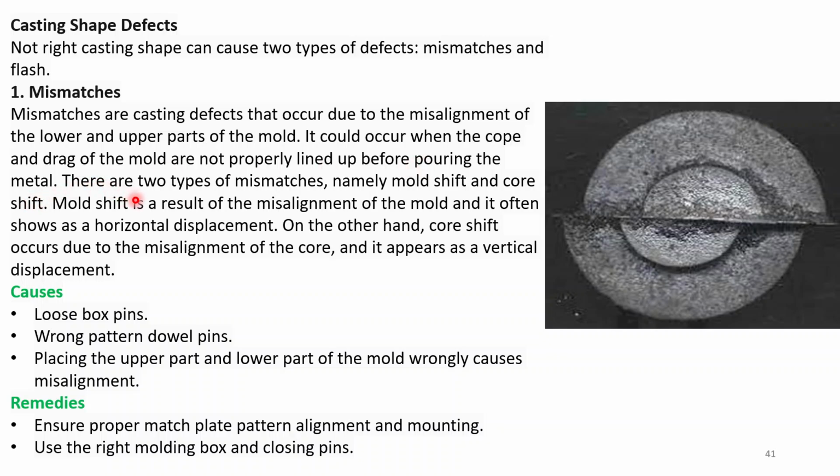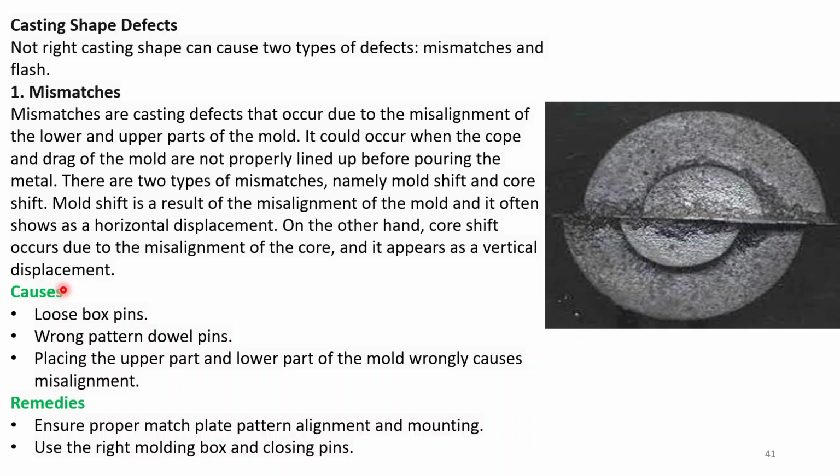There are two types of mismatches, namely mold shift and core shift. Mold shift is a result of the misalignment of the mold, and it often shows as a horizontal displacement. On the other hand, core shift occurs due to misalignment of the core, and it appears as a vertical displacement.